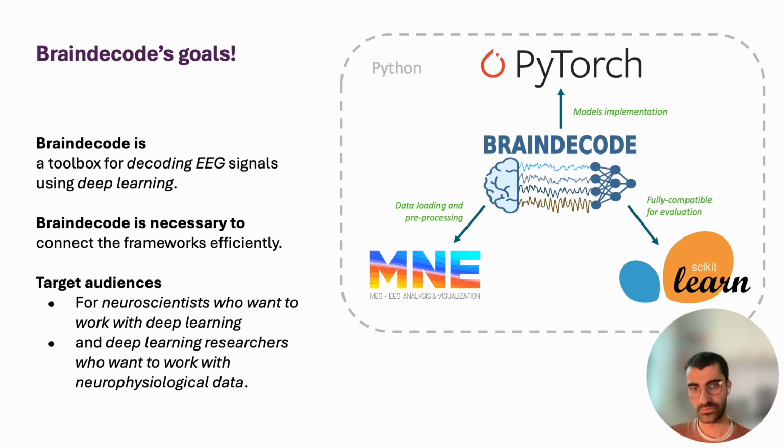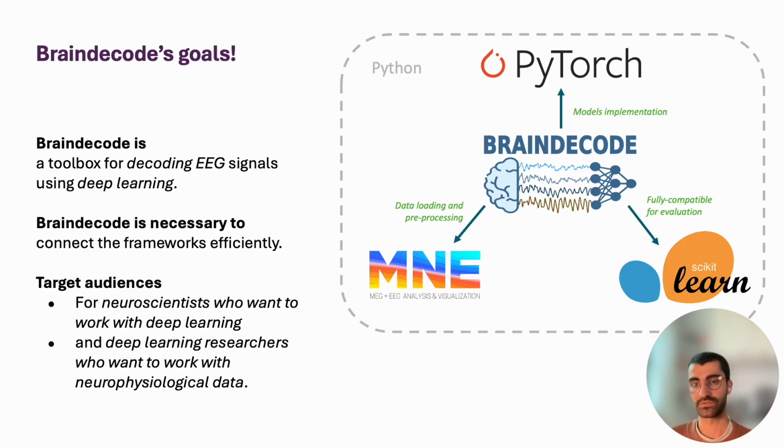And so you see that BrainDecode comes on this diagram on the right side. BrainDecode is really in the middle, and we have three main interactions with external libraries. So you have on one side MNE that is used to load the data and preprocess the recordings. You have PyTorch, which is a deep learning library, and it's in PyTorch that we implement all the deep learning models.